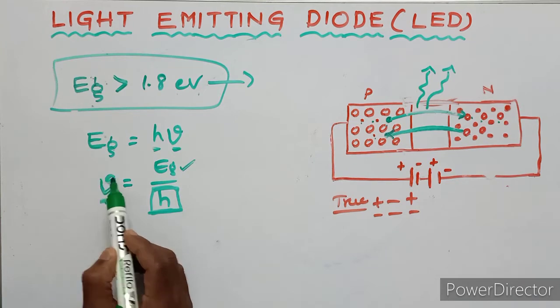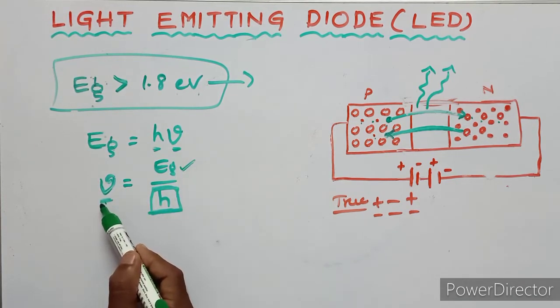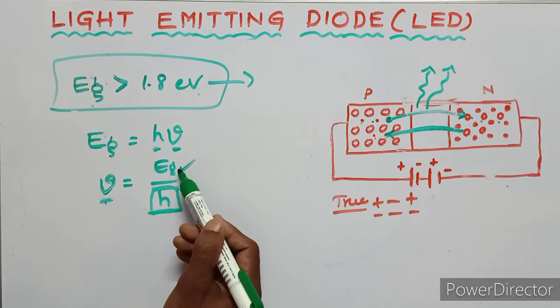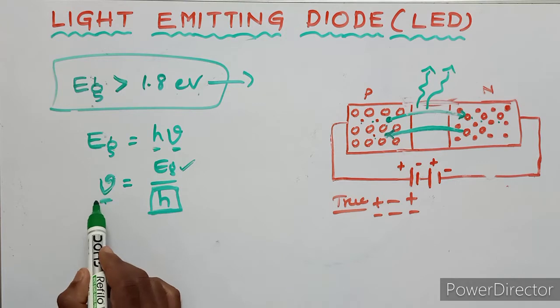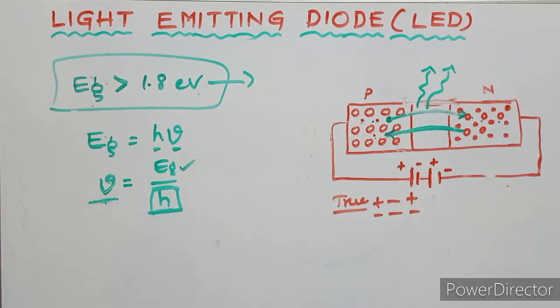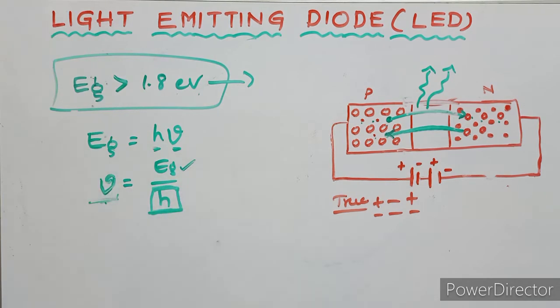If the frequency is high, the energy gap is high. If the energy gap is high, the frequency is high. If the energy gap is low, the frequency is low. So the frequency is dependent upon the energy gap, and the energy gap is dependent upon the frequency.